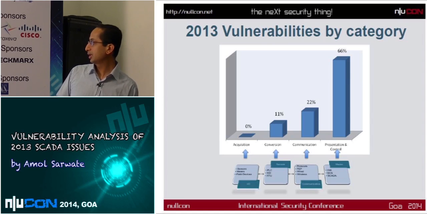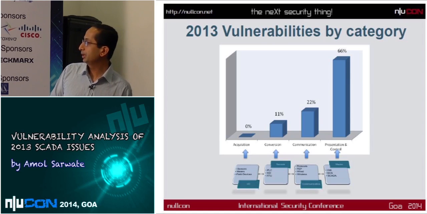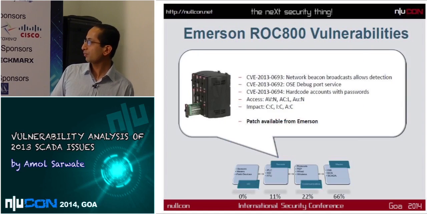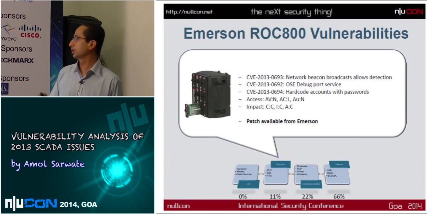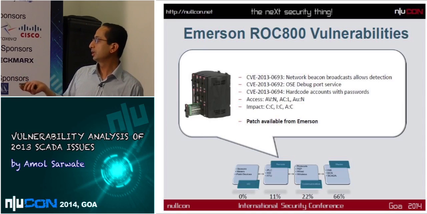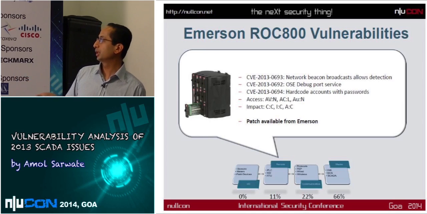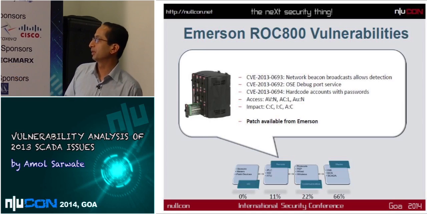So let's again deep dive a little bit into this. We already talked about data acquisition. You need physical access. Some of the vulnerabilities that we saw in PLCs were, say, these examples.